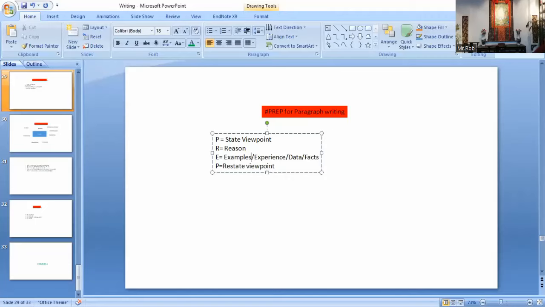And P is again the restatement of your viewpoint. Therefore, you have to use this formula to write your body paragraph. State your viewpoint, then give reasons, then provide suitable examples, experience, data, or facts, and then again restate your viewpoint.